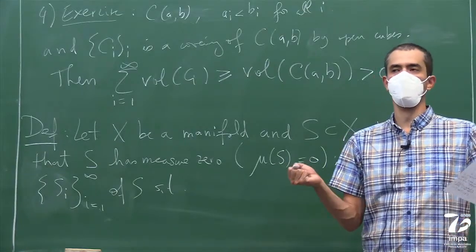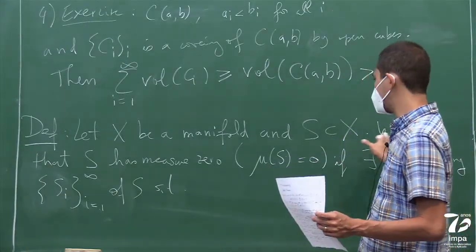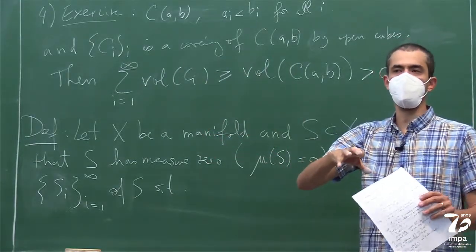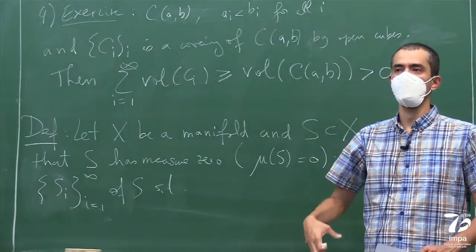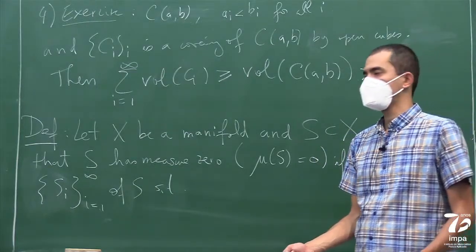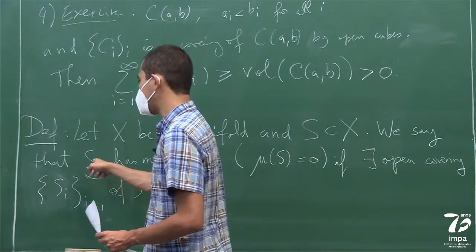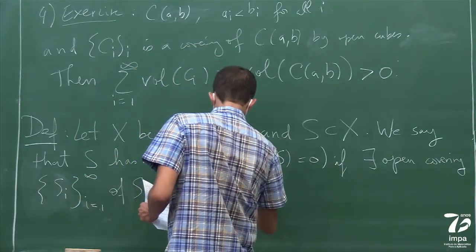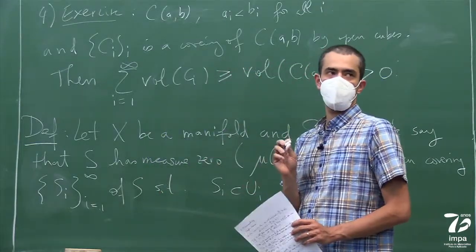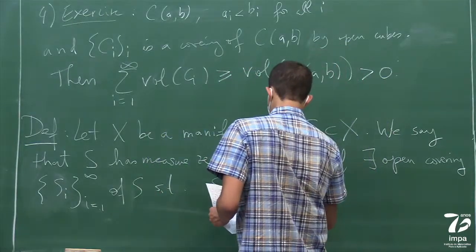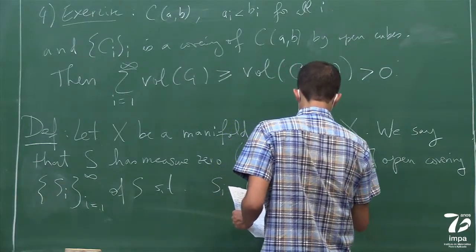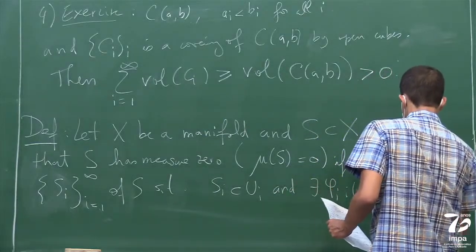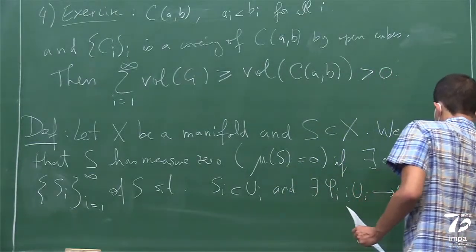Let me say it with words first. So if you can cover S with subsets which are contained in the domain of a chart, and then we look at the image in Rn, that has measure 0. So if S is contained in a countable union of sets Si, such that Si is contained in Ui, which is the domain of a chart, and there exists a chart like this for all i.